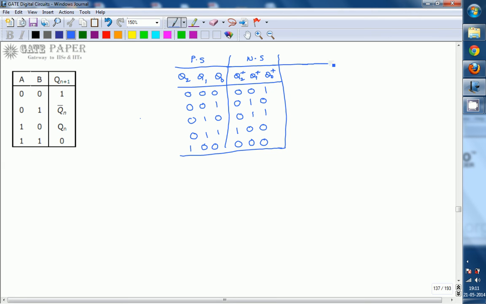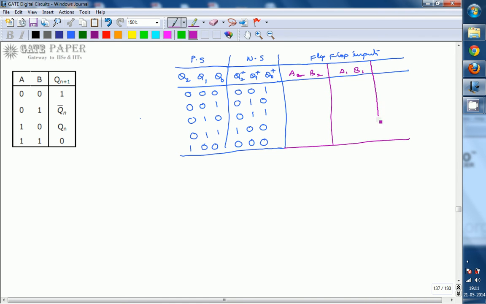Okay, now we are going to find the expressions for the flip-flop inputs. First, A2, B2 are the flip-flop inputs for the Q2 flip-flop, and next A1, B1 are the inputs for the Q1 flip-flop.